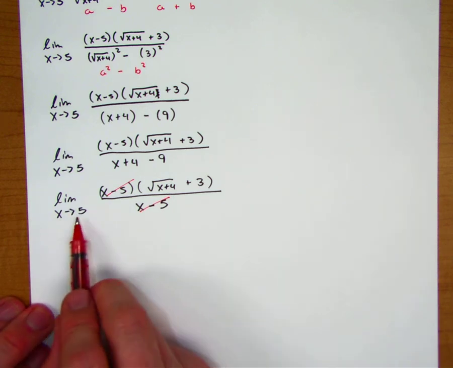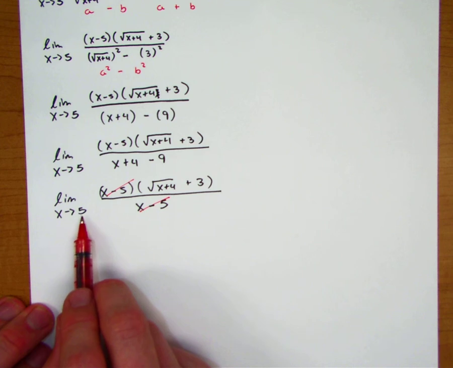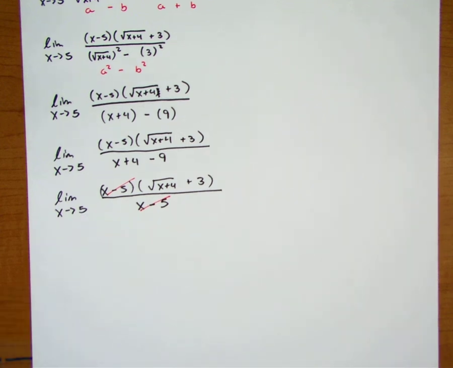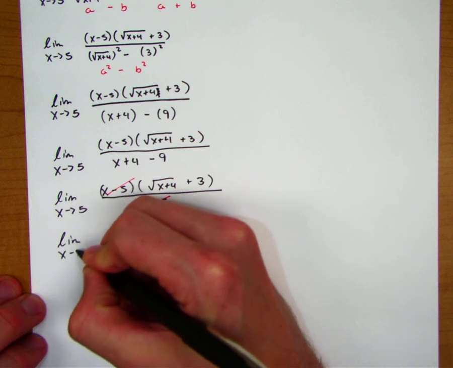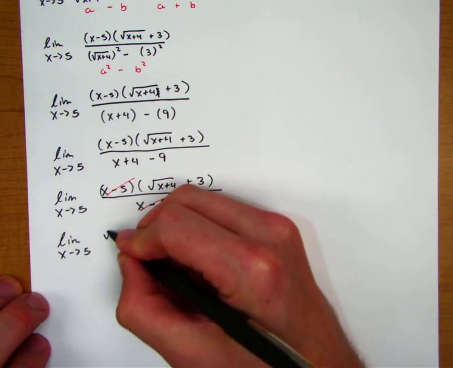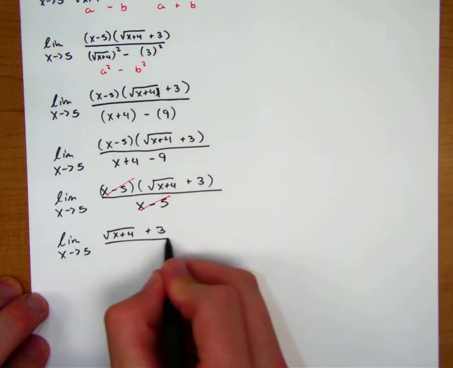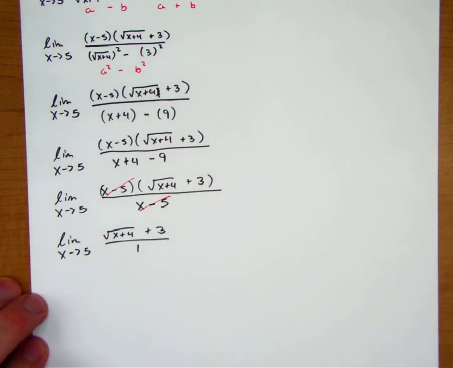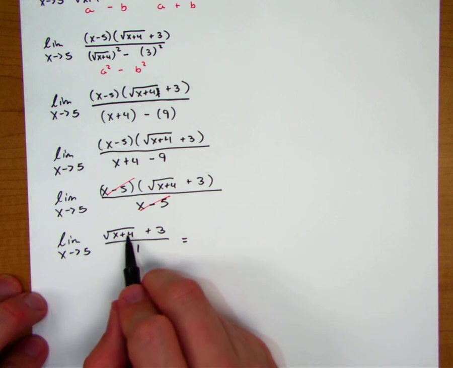Now, because x is going to 5, it is obviously that x minus 5 term that's causing us to go to 0 every time. So now our new limit x goes to 5 of the square root of x plus 4 plus 3, and my new denominator is 1. Substituting now, 5 plus 4 gives me 9.